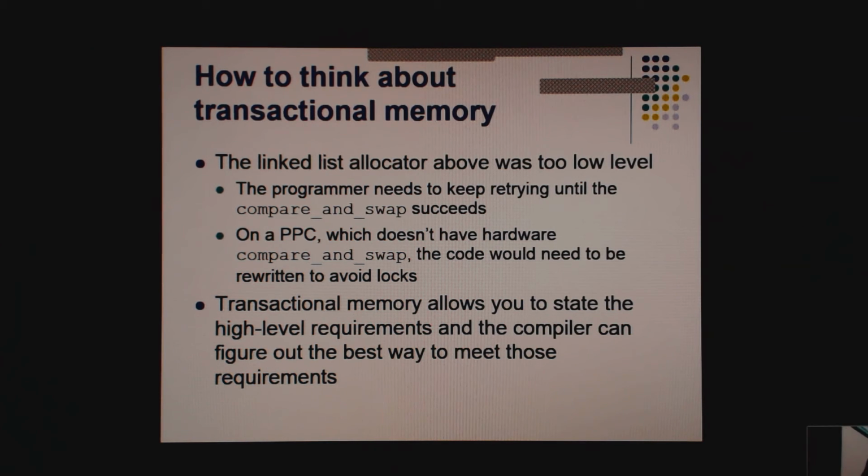So transactional memory says you state the high-level requirements and assumptions that you want to have on this region of code that modifies memory, and you leave it up to the compiler to figure out the best way to satisfy your requirements.